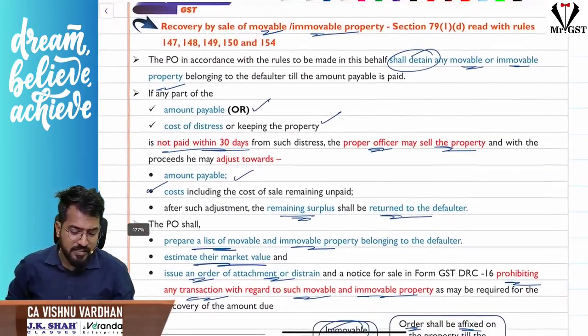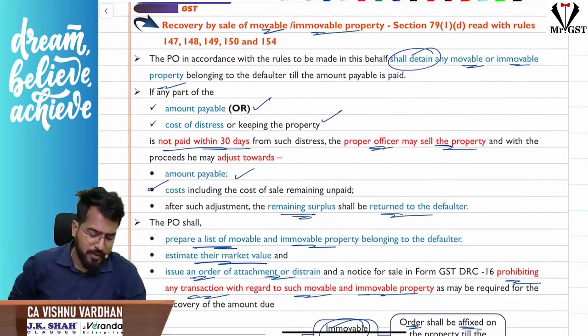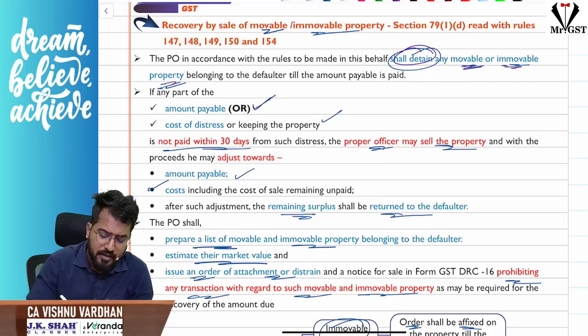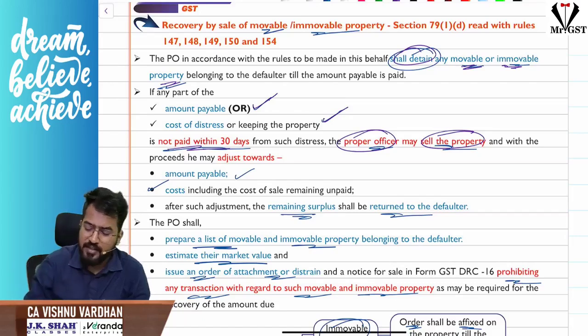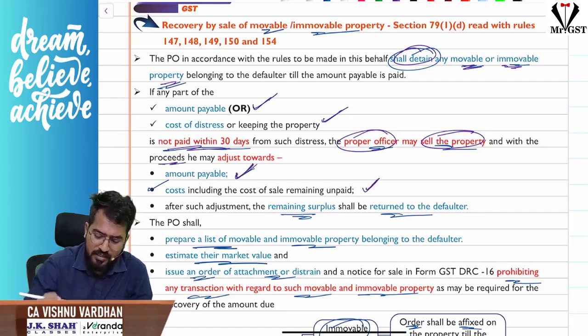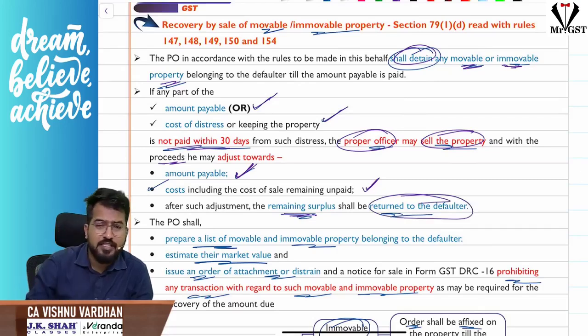Next, recovery by sale of movable or immovable property. We can detain any movable or immovable property of the taxpayer, and if any part of the amount payable or the cost of distress for keeping the property is not paid within 30 days, the proper officer will sell the property. With the proceeds recovered, he will adjust the amount payable and the cost incurred, and any surplus amount remaining in our hand we will return to the defaulter.